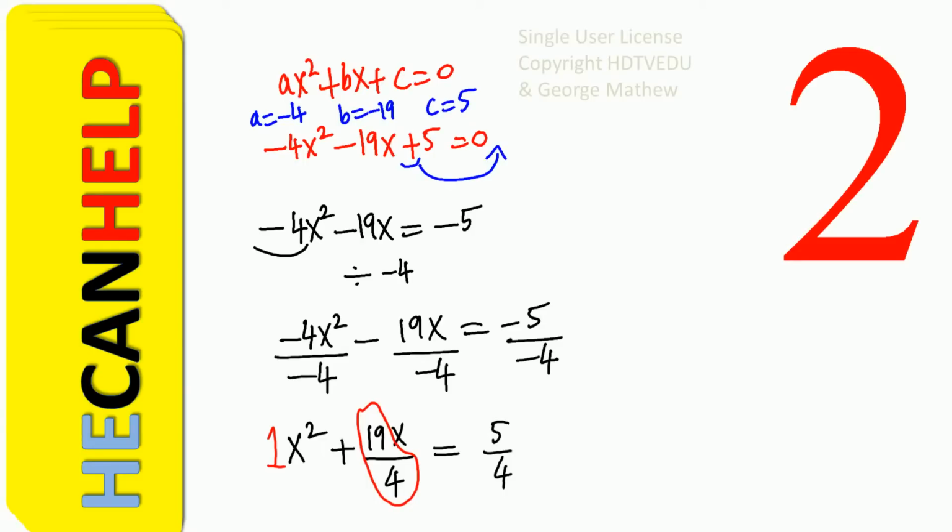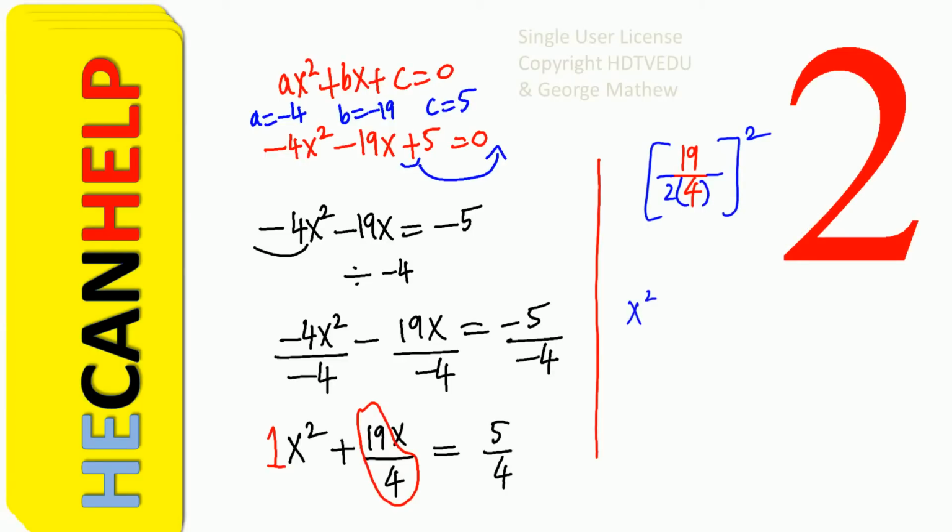When the coefficient of x to the power of 2 is 1, then what we can do is take the coefficient of x, which is 19 over 4, divided by 2. So we get 19 over 8. And then take the square of that and add it to the left and to the right.